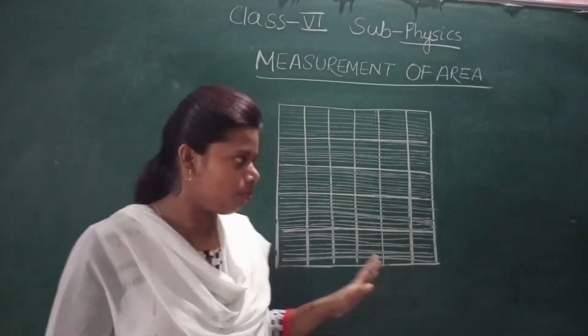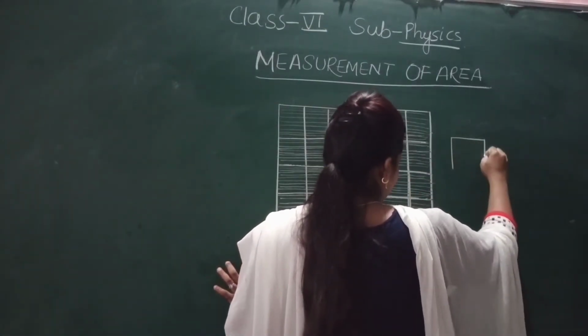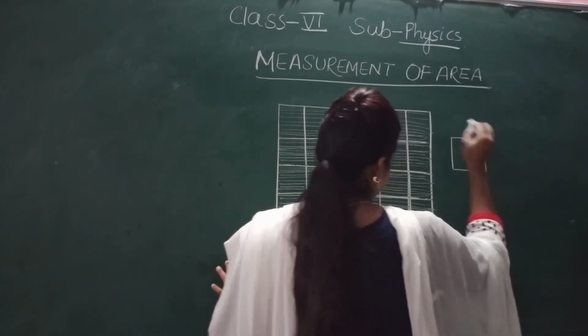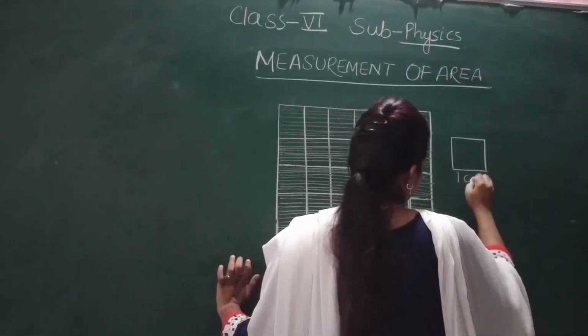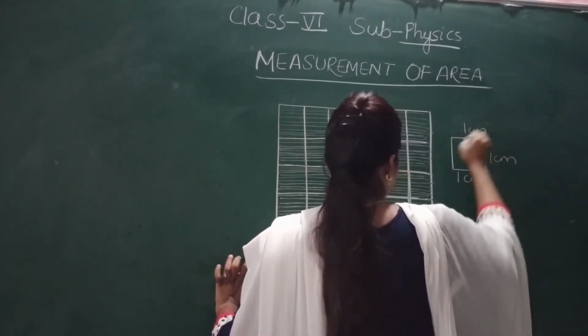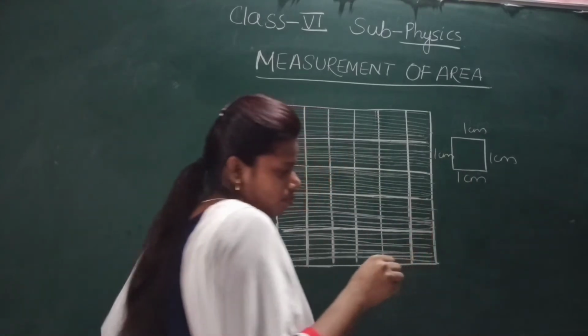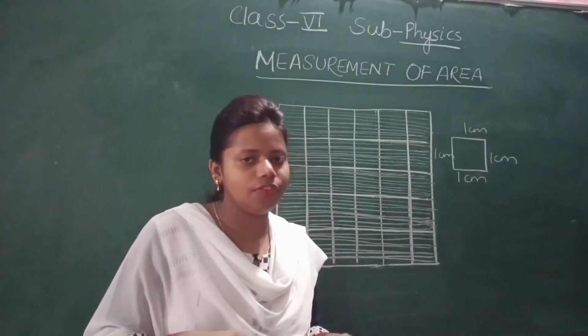1 centimeter square. Now for example, take one square box. It is made up of sides of 1 centimeter.